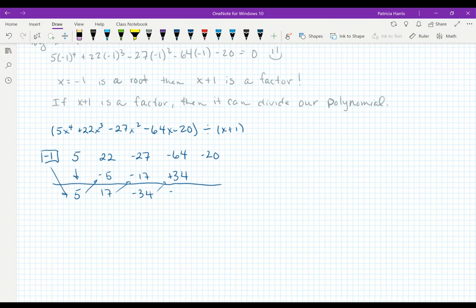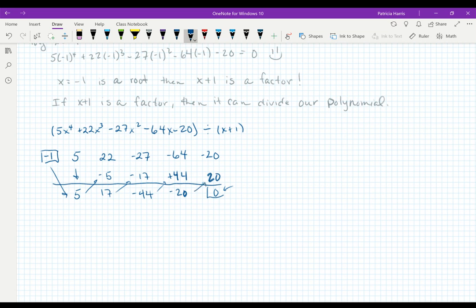Oh, this should be a 40. Good thing we caught that, it messed us up. All right, there we go. That's -20, and then +20. Hey, look at that, we got a 0. So this is an extra indication that I'm doing things right.